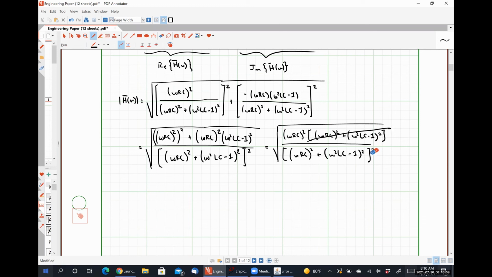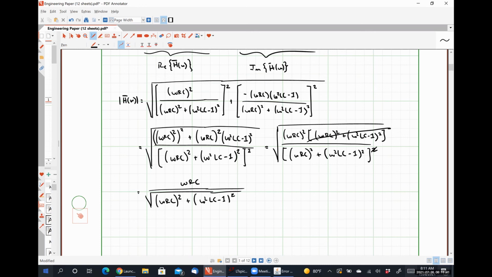And this cancels out one of these powers, leaving us with a square root of omega RC squared plus omega squared LC minus 1 squared in our denominator, and we just have an omega RC in our numerator. Let me more clearly write a 2 there.